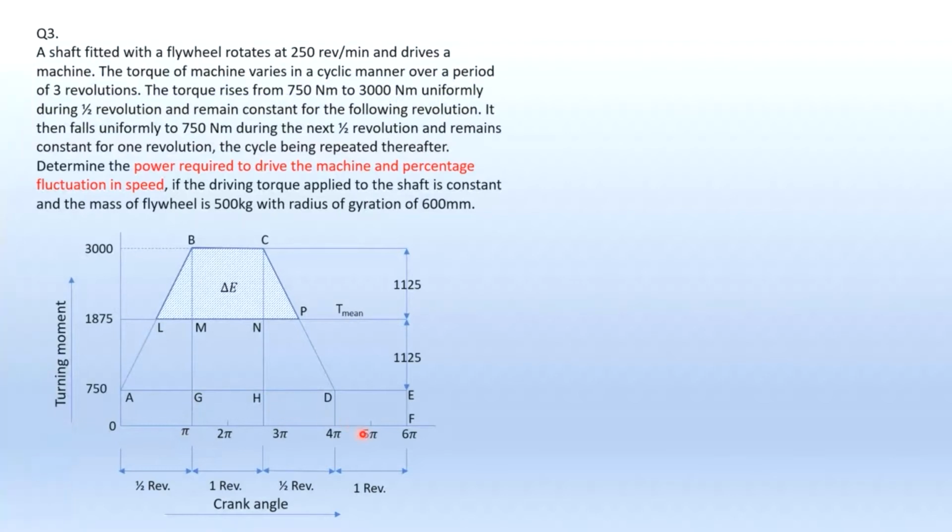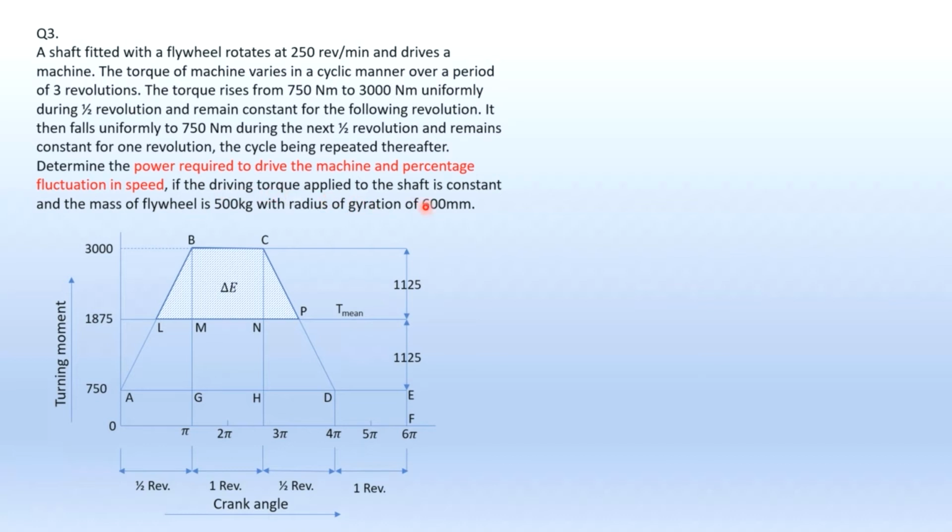That is the end of 1 cycle, 3 revolutions, and then the whole thing repeats again from the beginning, the cycle being repeated thereafter. Determine the power required to drive the machine and also the percentage fluctuation in speed.